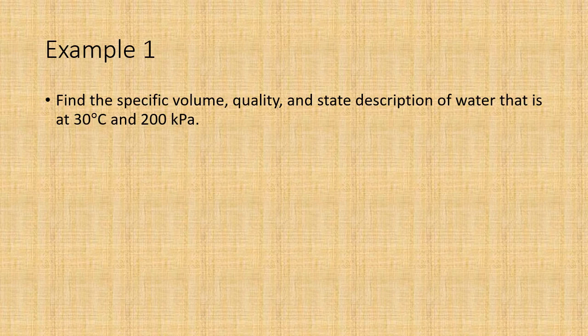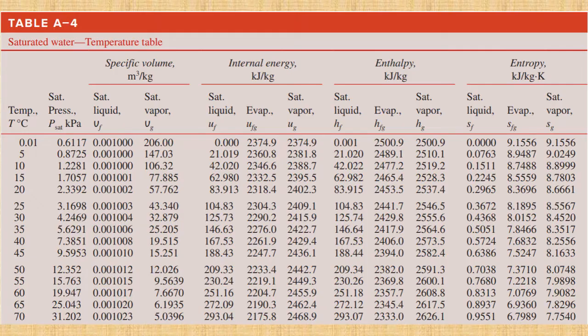Since we are given both the temperature and the pressure, we want to go to the temperature table first. In the first column, we locate the given temperature value of 30 degrees Celsius and look across the row containing that value.